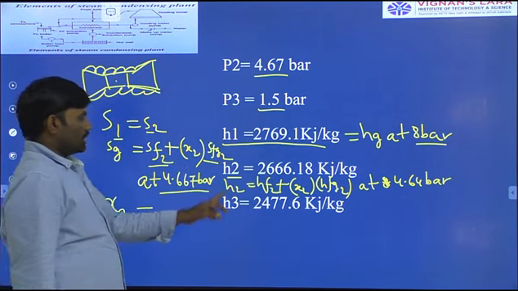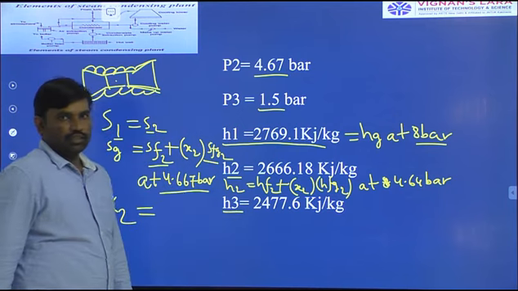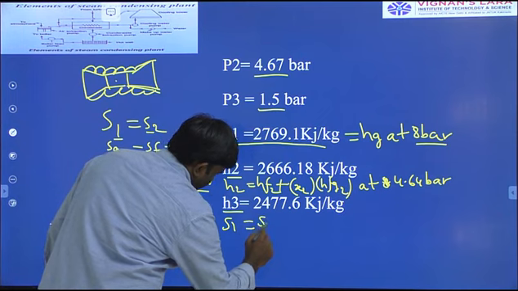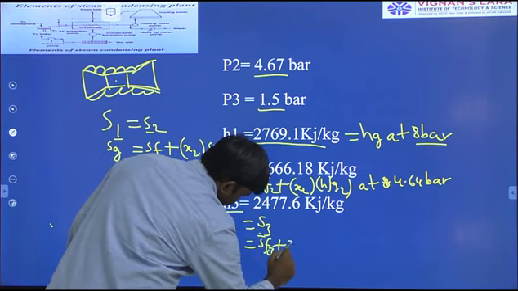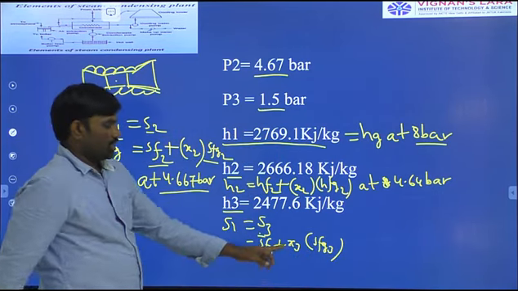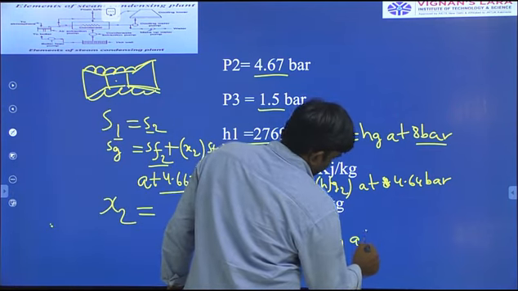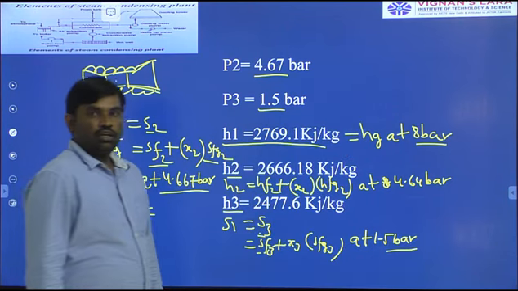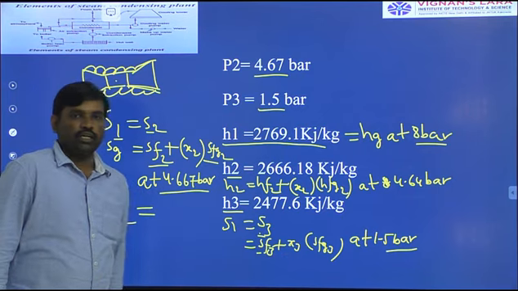After calculating the H2 value, calculate H3 by following the same procedure. S1 is equal to S3, and in place of S3 you write SF3 plus X3 into SFG3. The SF and SFG values are taken at pressure P3, that is 1.5 bar, and then you can easily determine X3.